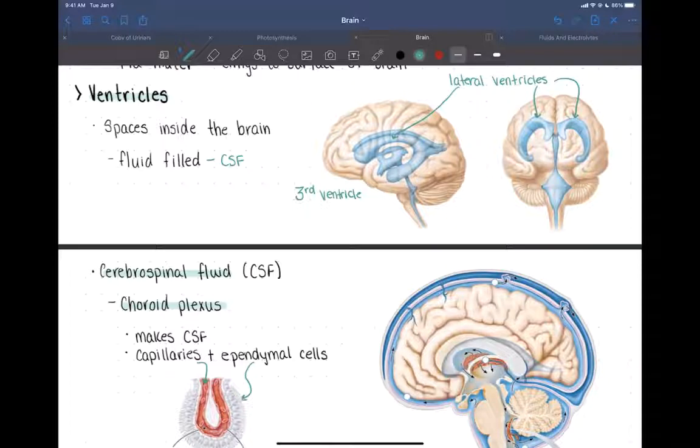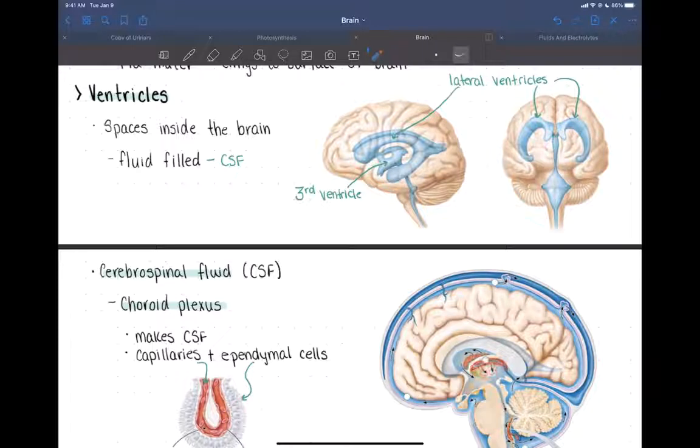And then we have our third ventricle, which looks like a chicken. In that third ventricle, we also have CSF being made. So you can see that choroid here, and that third ventricle also making CSF.